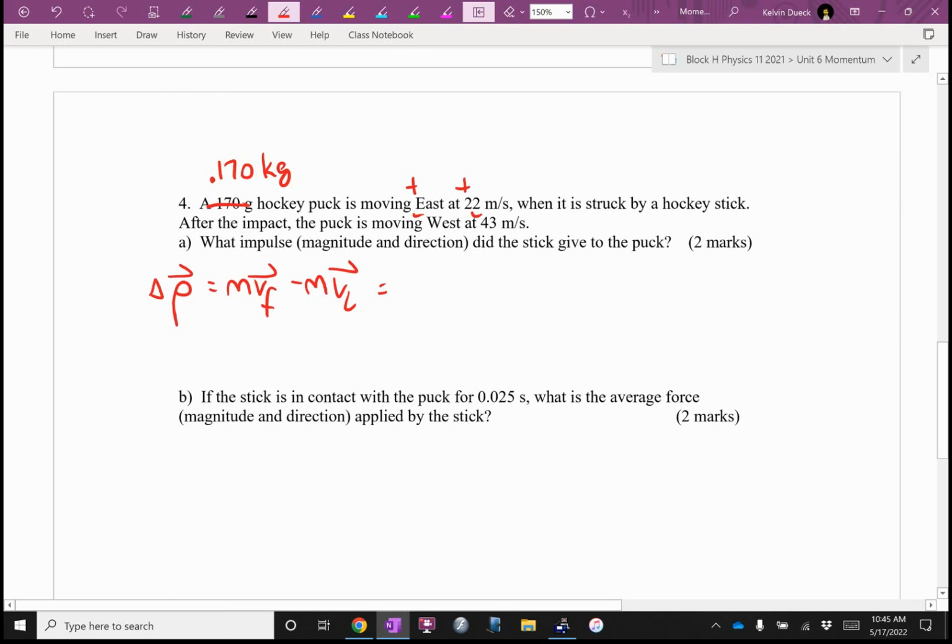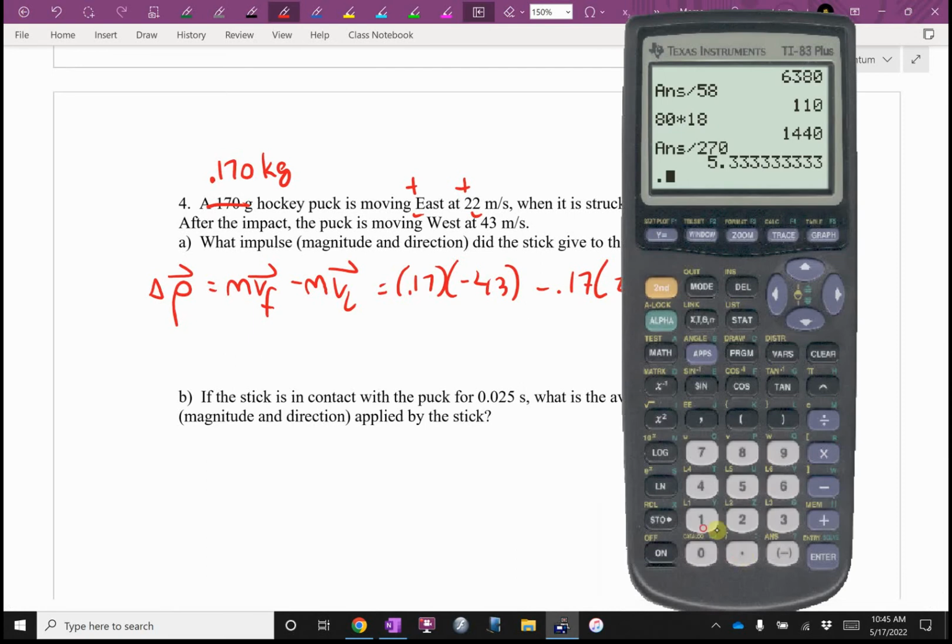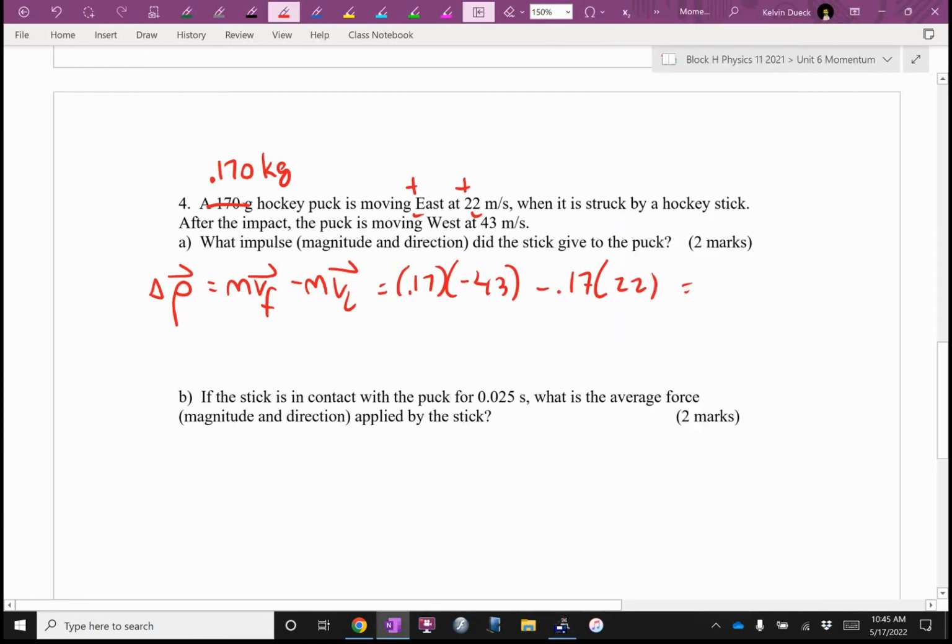I caught that. So it's going to be 0.17 times negative 43 minus 0.17 times positive 22. And I got negative 11.05.